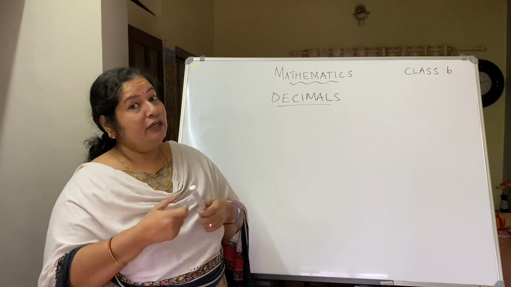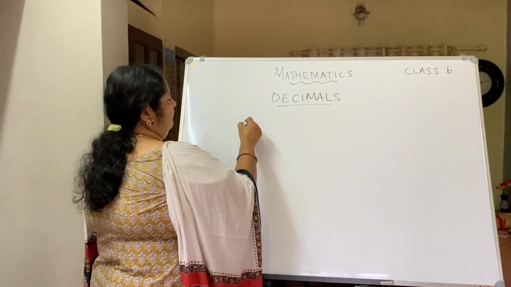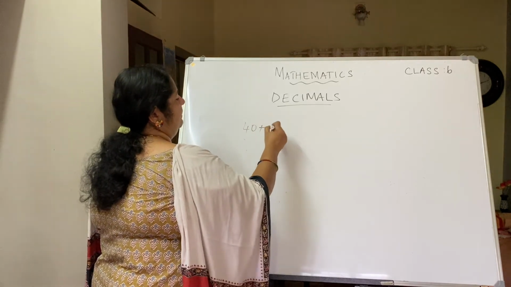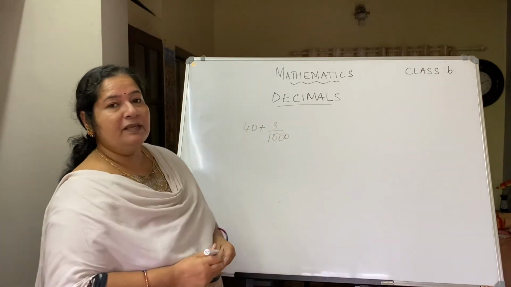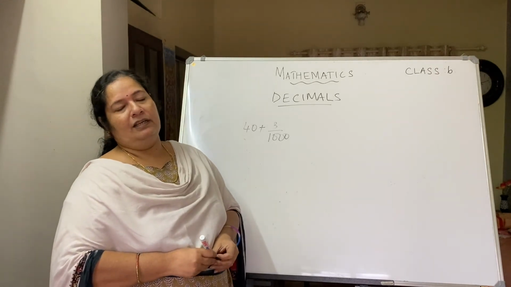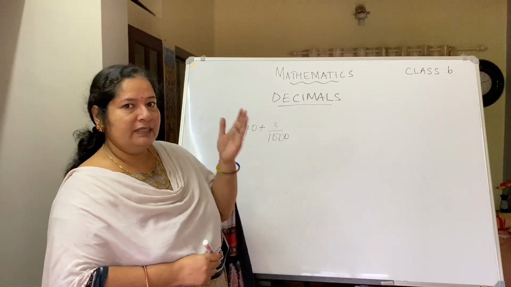Supposing the values are given, for example, it is given like this: 40 plus 3 by 1000. How to write this as a decimal? Now 40 means that is the whole number part.